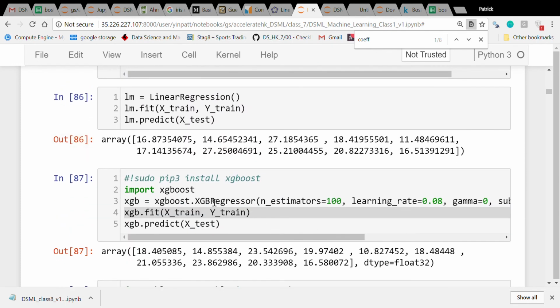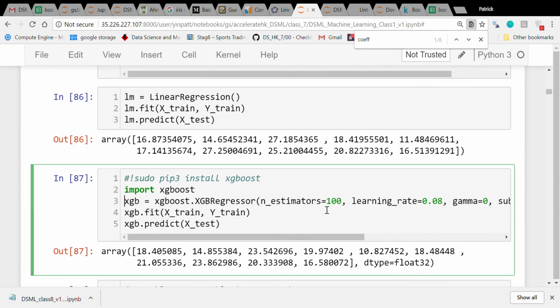These are the parameters. N estimators equals 100, learning rate equals something like this. We have gamma. Probably doesn't make any sense to you. And then these are the parameters, and somehow there is a best combination of these numbers that gives you the best predictions.